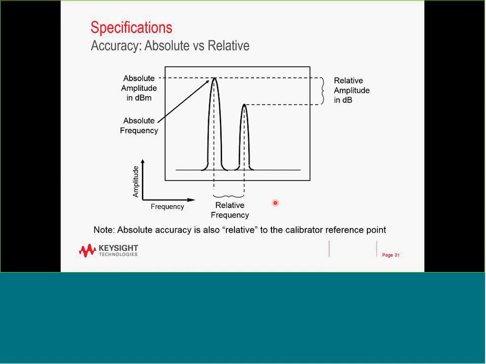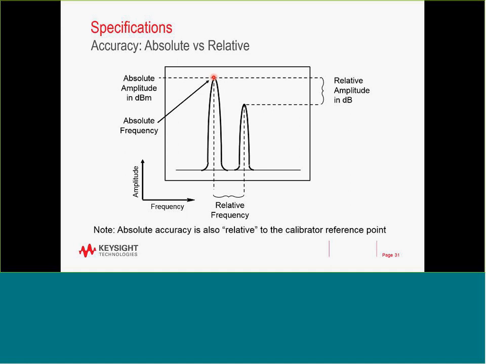So there are two kinds of measurement: absolute and relative measurements, which bring absolute and relative uncertainty or accuracy. If we look at this signal here and put a marker on it, that's an absolute measurement, and we're measuring the power and the frequency of that component. If we put a delta marker to the next peak, that's a relative amplitude and frequency measurement, and the accuracy is in general a little bit better, because it's not absolute.